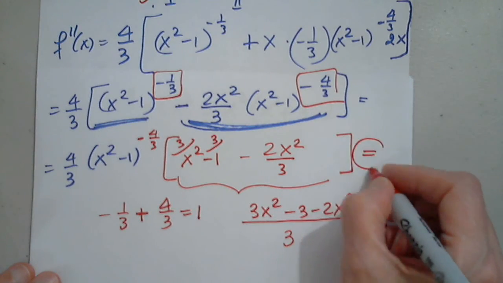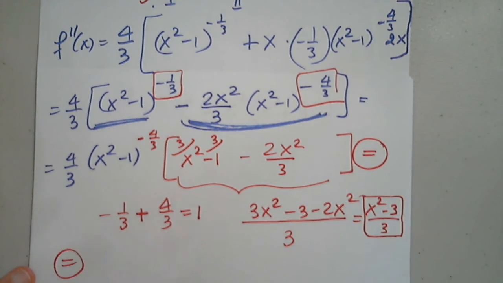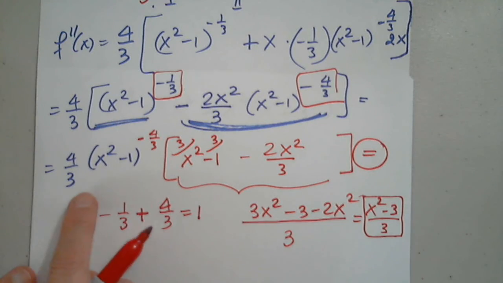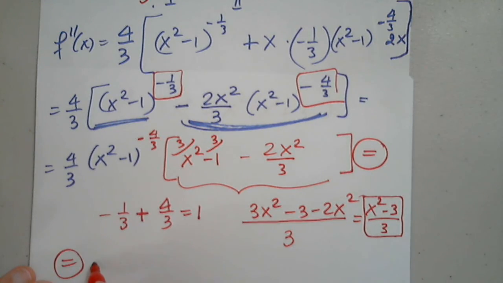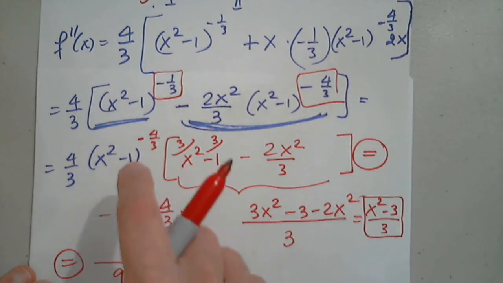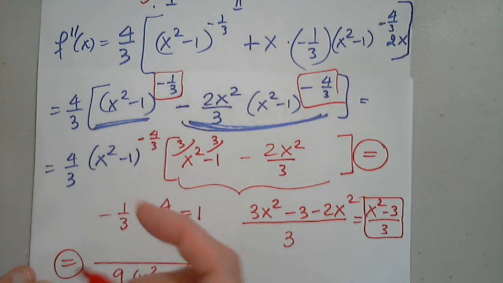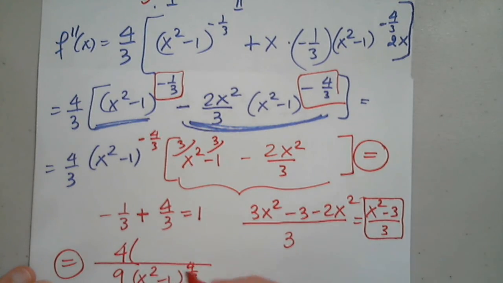So finally, I'm continuing here. So 4/3. This can be brought to the denominator, and then the denominator has 3 times 3, so 9. This is x squared minus 1 to 4 divided by 3, and the numerator has 4 times the quantity x squared minus 3.